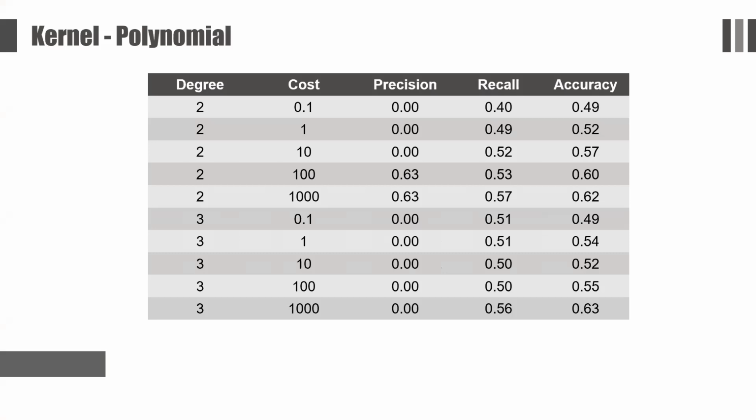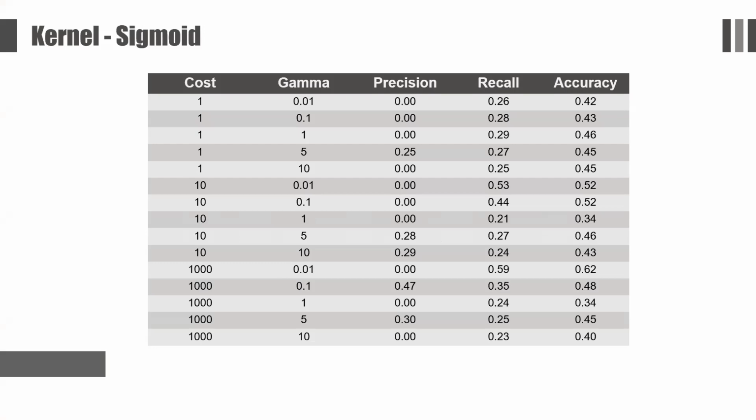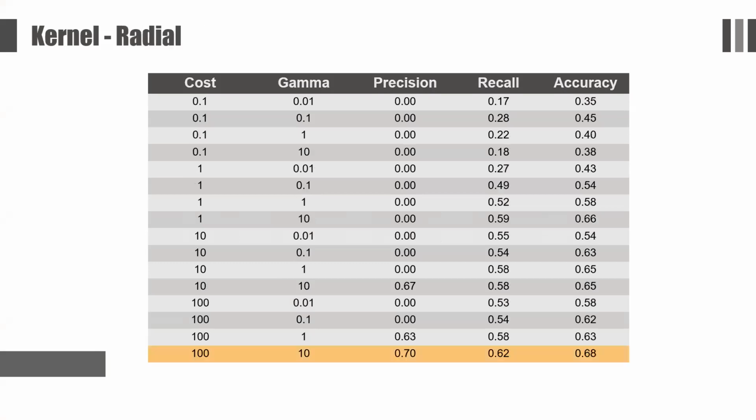This is the same for the polynomial kernel. In the sigmoid kernel, the models all performed badly. However, in the radial kernel, one model can be considered good, with cost equal to 100 and gamma equal to 10. It has a precision of 70% and recall of 62%. The overall accuracy for this model is 68%. So this is the best model trained on the top 7 significant variables.